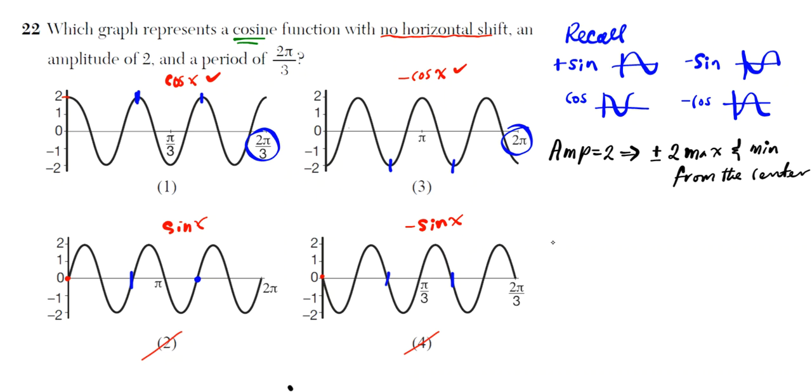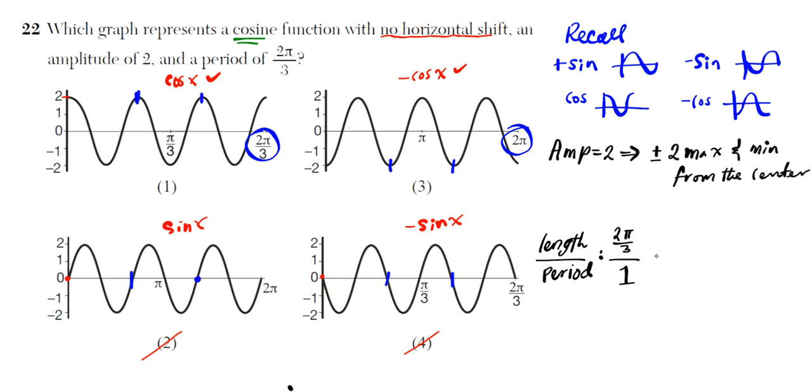So which one is correct? Well, let's go ahead and set up and solve a ratio. Okay, length divided by period. So the problem tells us that the function should have a period of 2 pi over 3. So that means that 2 pi over 3 will be the length of one period.